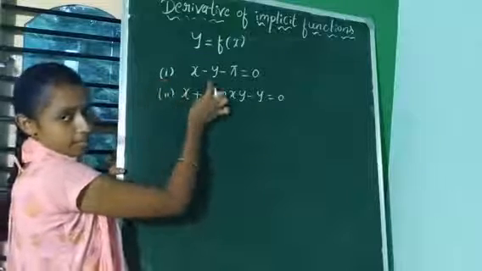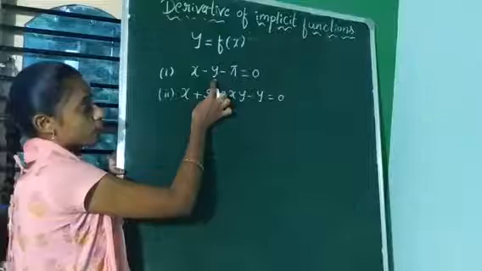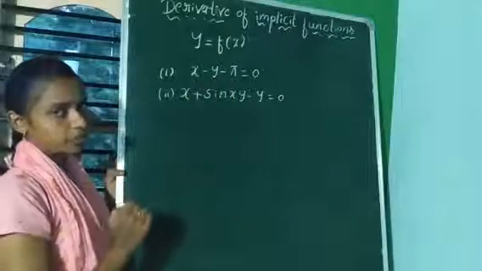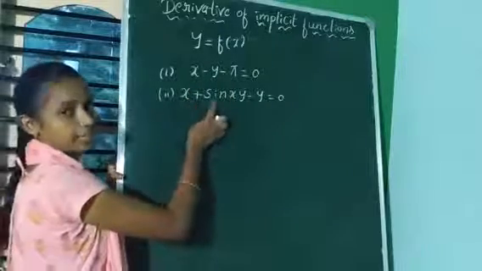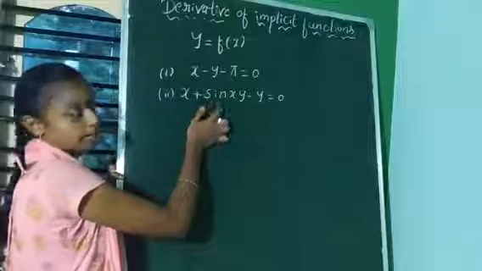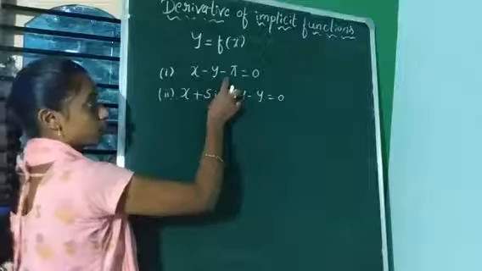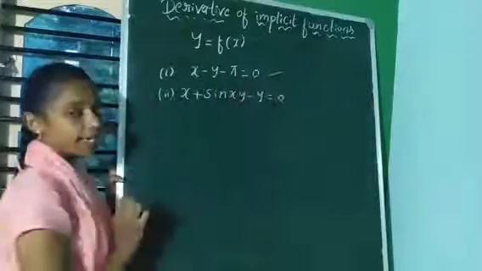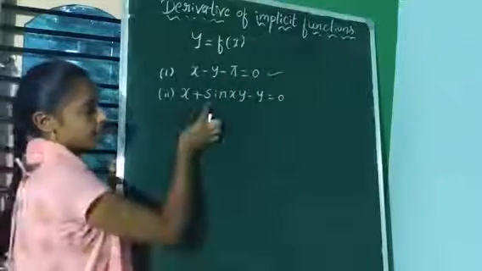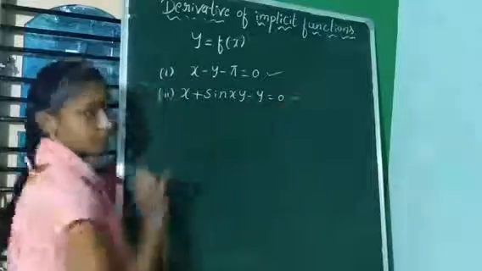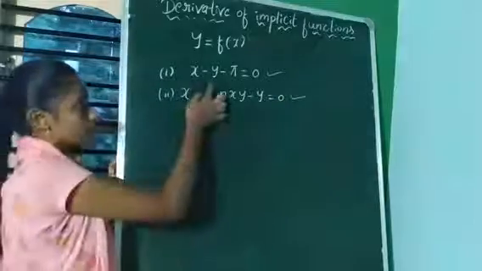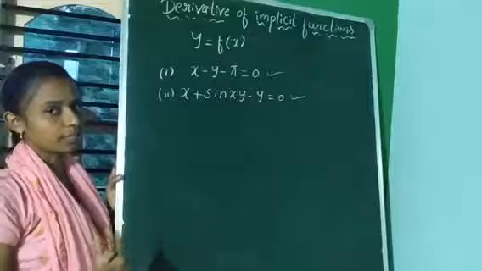So in the first case, we can solve for y in an easy way. But in the second case, it doesn't seem that it is easy to solve for y. Now the first gives our explicit function and the second gives our implicit function. So hope you understood the difference between explicit and implicit.